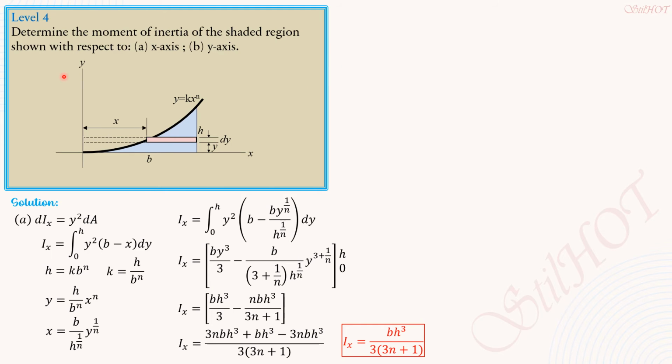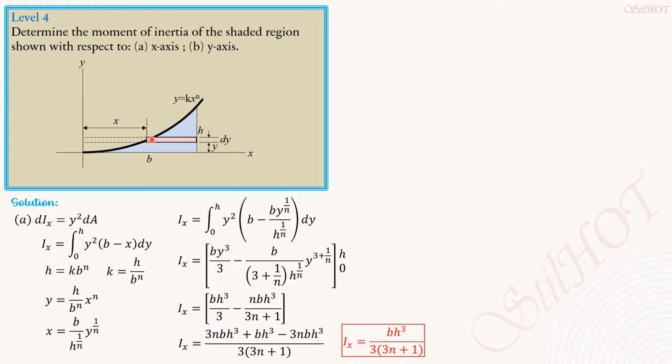Then for the moment of inertia with respect to the y-axis, we have a rectangular strip, and we want to derive the differential or elemental moment of inertia with respect to the y-axis. It is just a rectangular strip with respect to the base, where the base is dy and there are two heights, b and x.